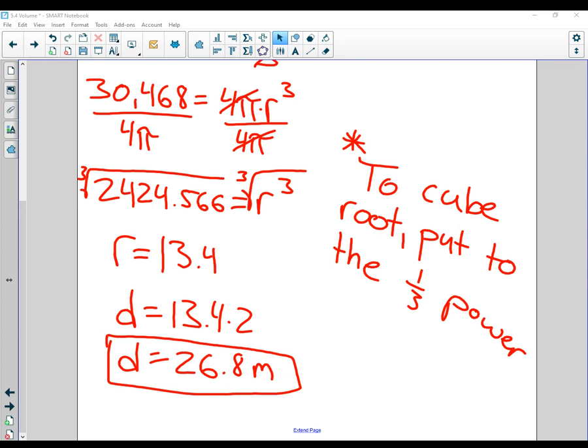So on your TI-84, if you're using that, the cube root, if you hit this math button on the left side, right under the green button, if you hit math, you'll see it's this 4th one right here, number 4. That's the cube root. And then you just put whatever you need into there.